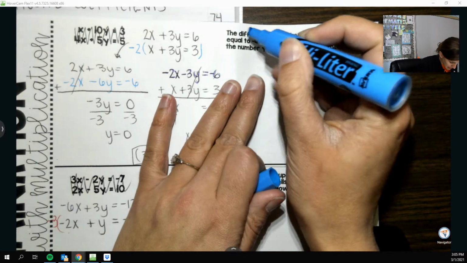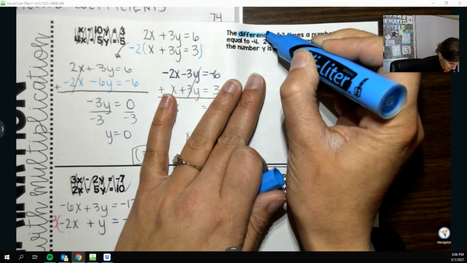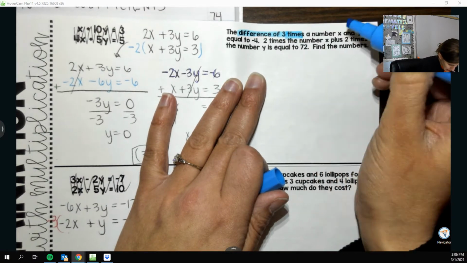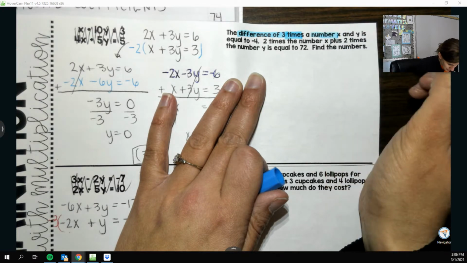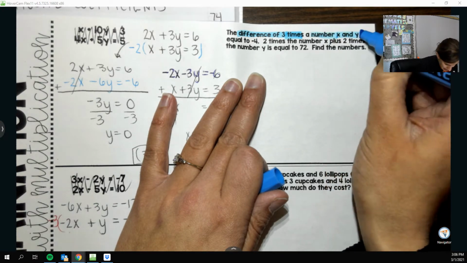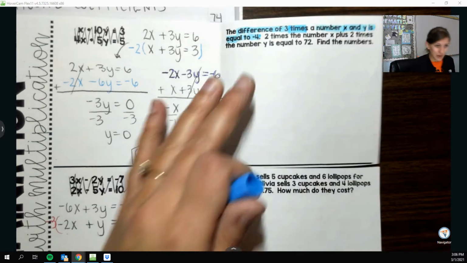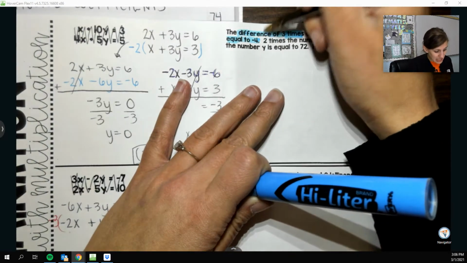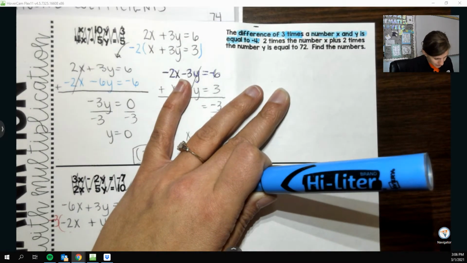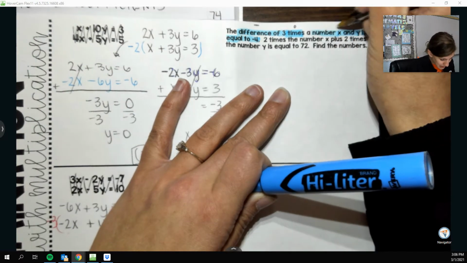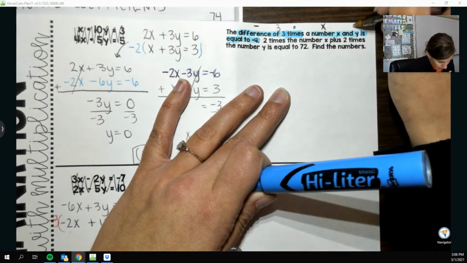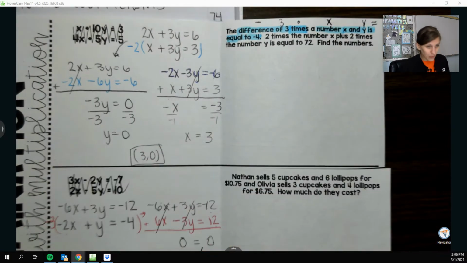So this first sentence, if I read it carefully again, it says the difference of 3 times a number x and y is equal to -4. I just highlighted the whole thing, but as I go through, we can talk about what some of these words mean. Difference is subtraction. 3 times a number x, and y, and "is" is always a really good equals word, -4.